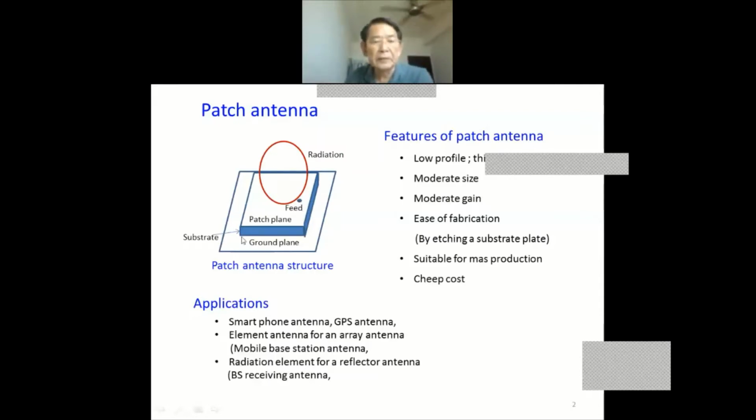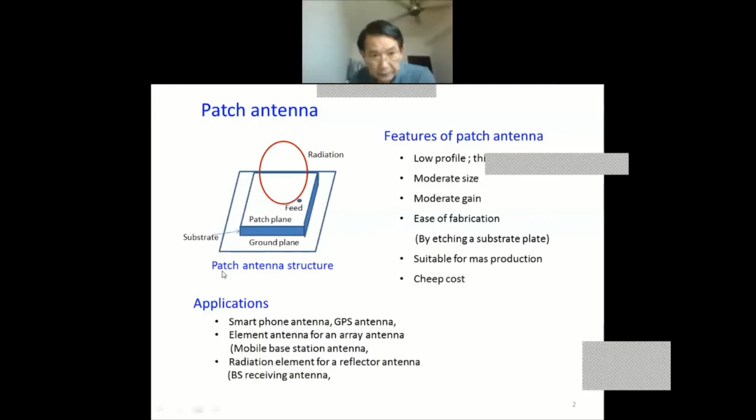From behind, the patch antenna is fed by a coaxial cable. So the radiation pattern is formed in front of the patch.